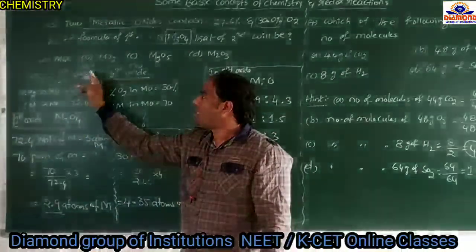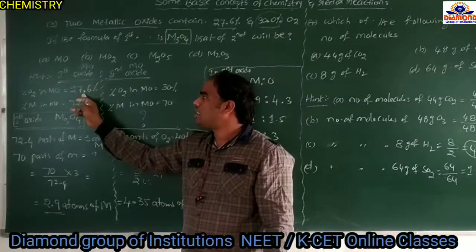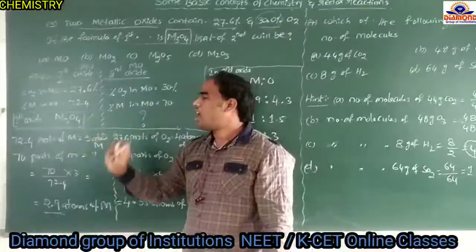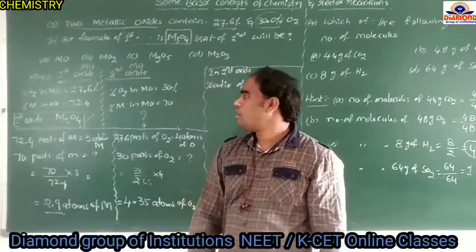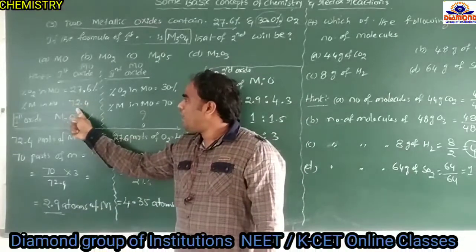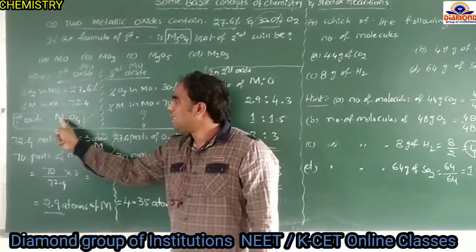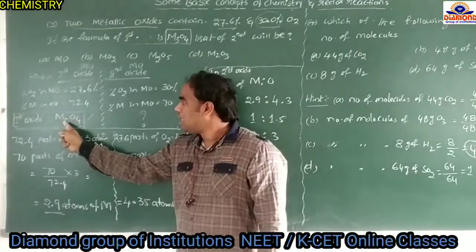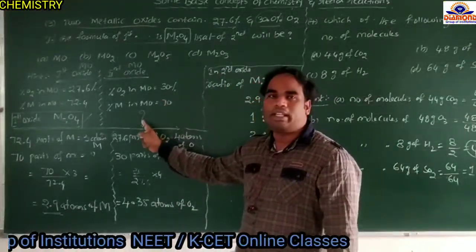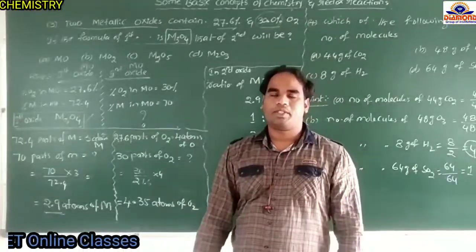In first metal oxide, percentage of oxygen is 27.6, percentage of metal is 72.4, and the formula of first oxide is M3O4. Here 72.4 parts of metal contain 3 metal atoms. Then 70 parts of metal contain how many metal atoms? That is the concept.